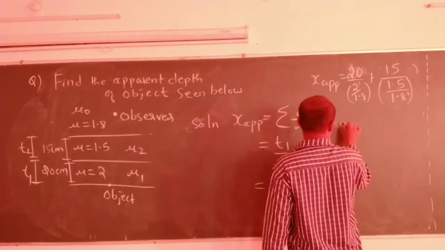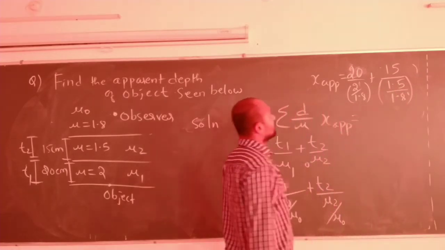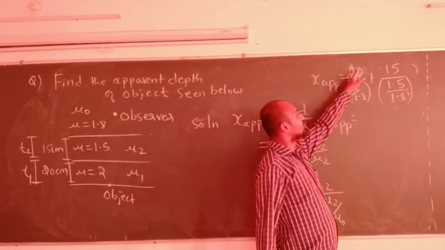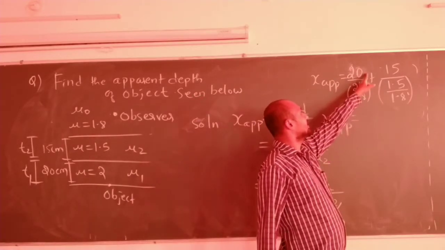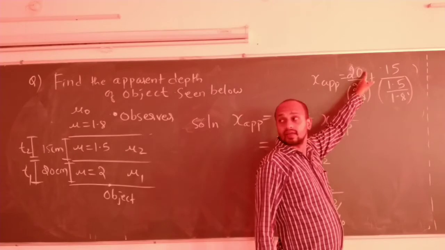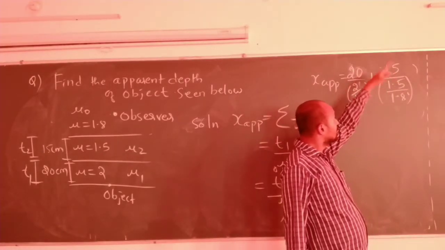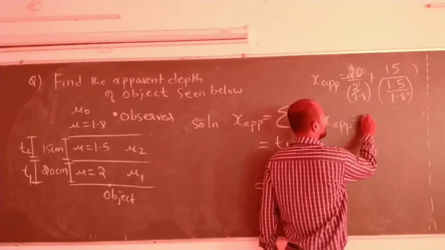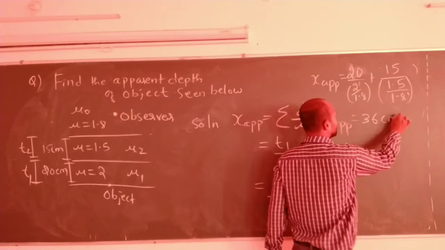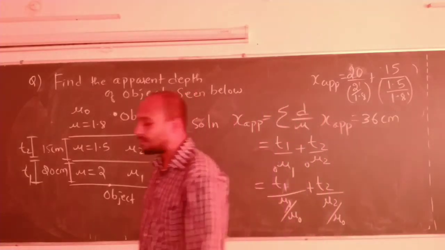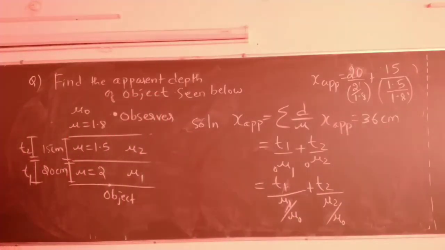Correct now? Solve for this. I believe this is 18. This will become 18 and this will become 18. That means this will become 36 centimeters. Apparent depth will be 36 centimeters. Got it now?